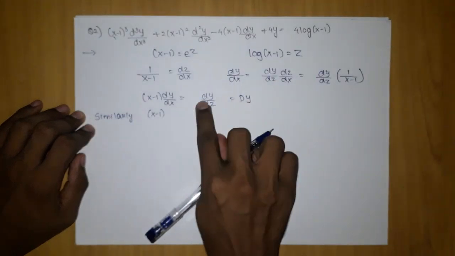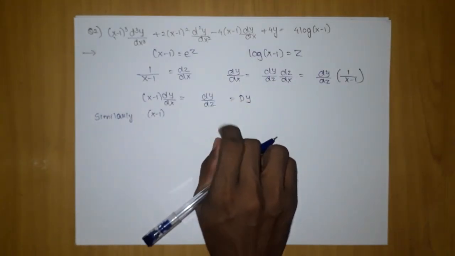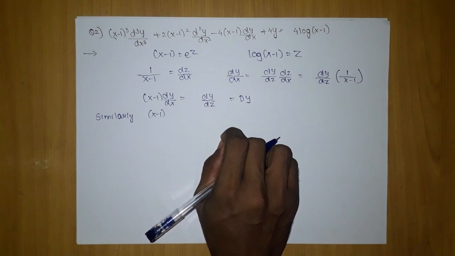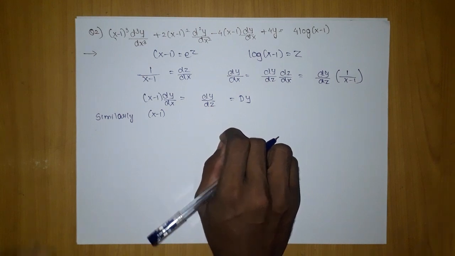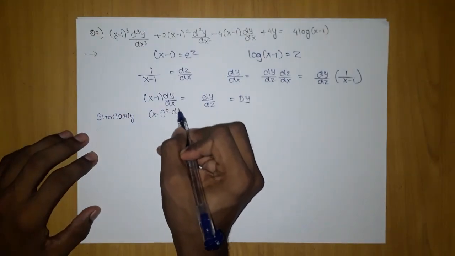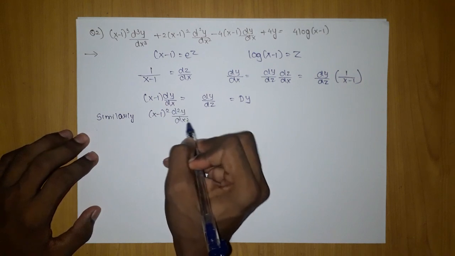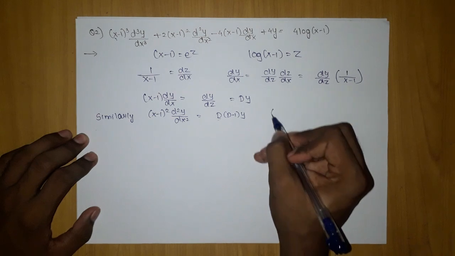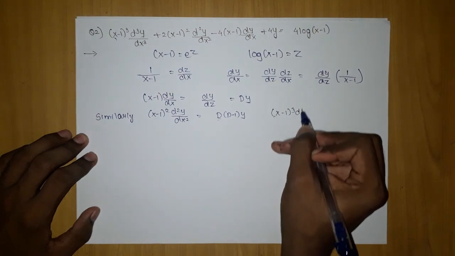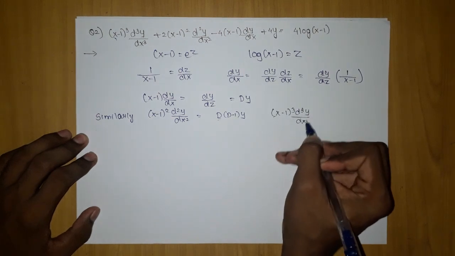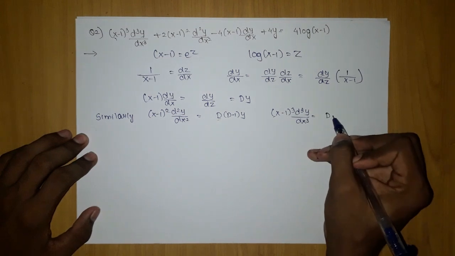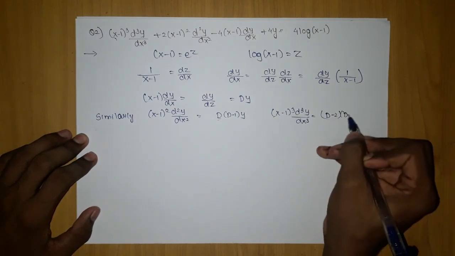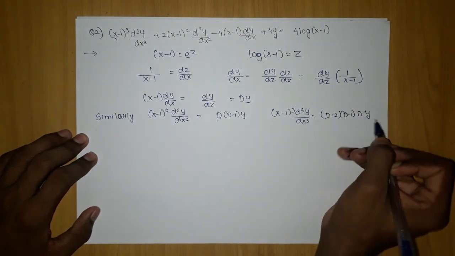Here we are not getting any a because here the x coefficient is again 1. x minus 1 whole square d square y by dx square will be nothing but D into D minus 1 into y, and similarly x minus 1 whole cube d cube y by dx cube will be nothing but D minus 2 into D minus 1 into D into y.